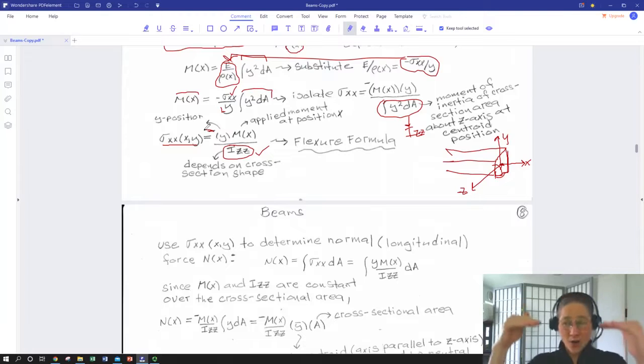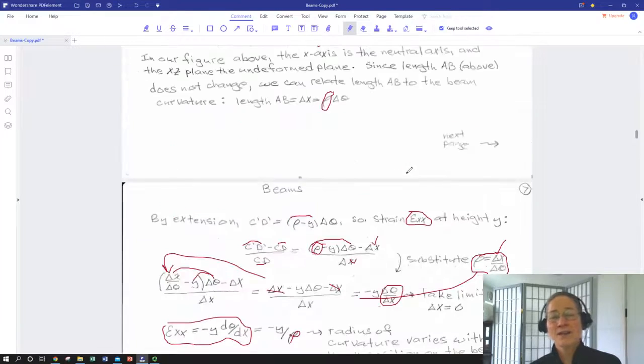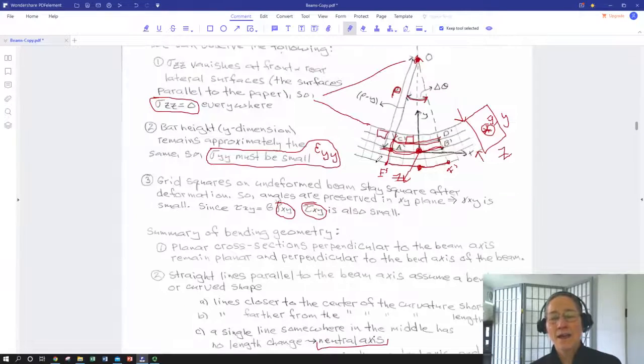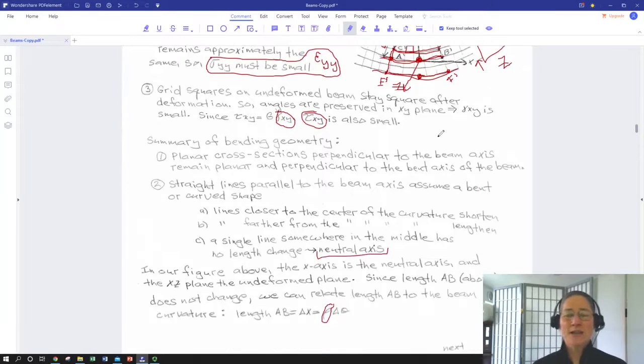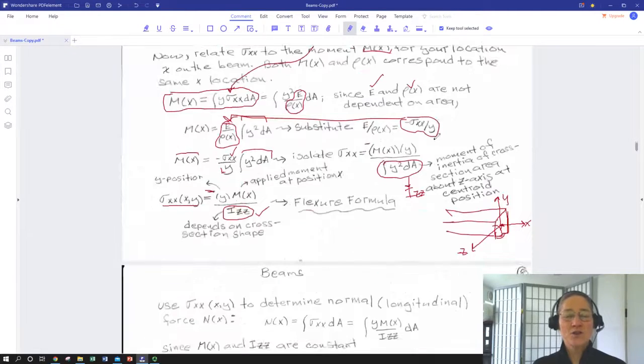But if we travel away from the radius of curvature on the concave or the convex side, aka this side, we're stretching. So as we drop below the neutral axis, going away from that center of curvature, we have tensile stress.